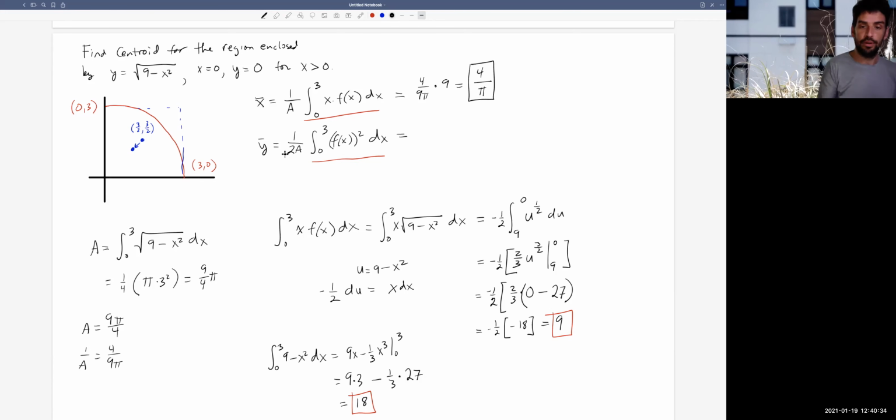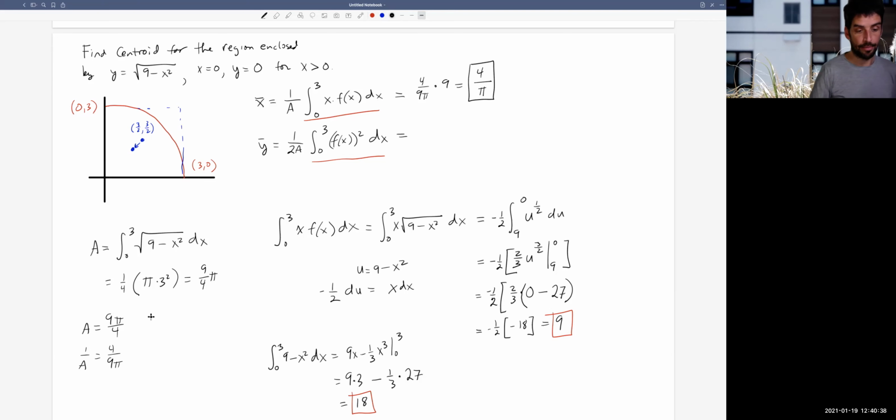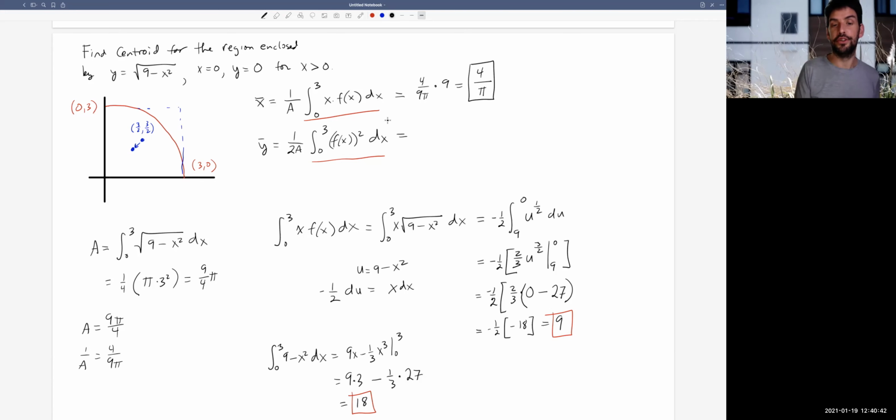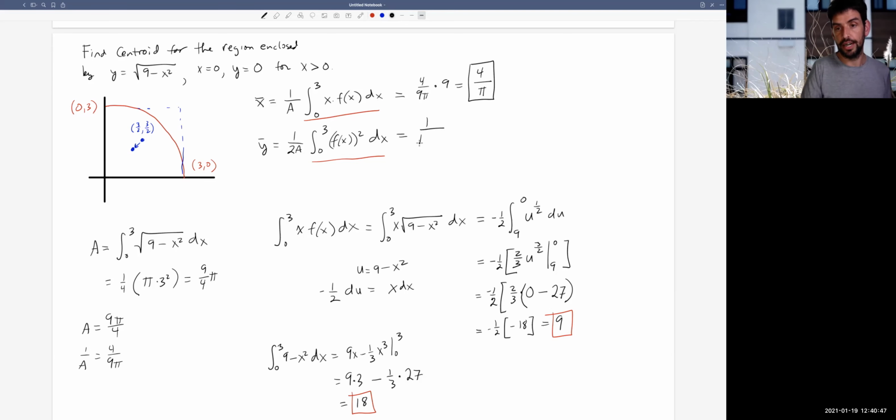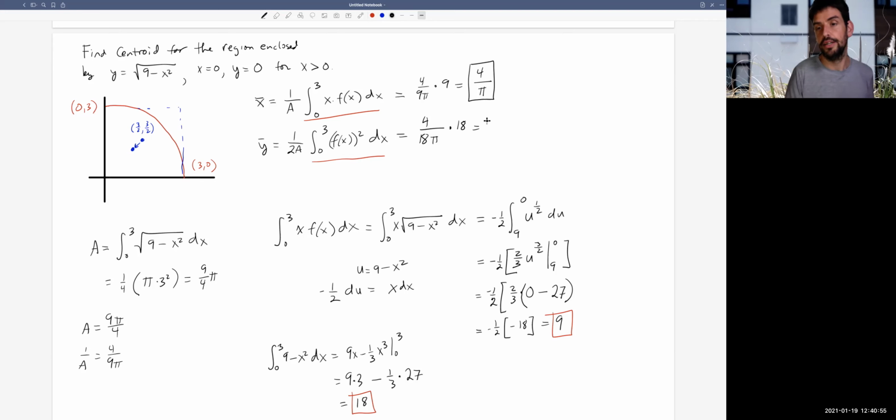And we've got the same thing here, except 1 over 2a. So if we multiply the denominator by 2, we will have 1 over 18 pi times 18, oops, I forgot my 4. 4 over 18 pi times 18 gives me 4 over pi.